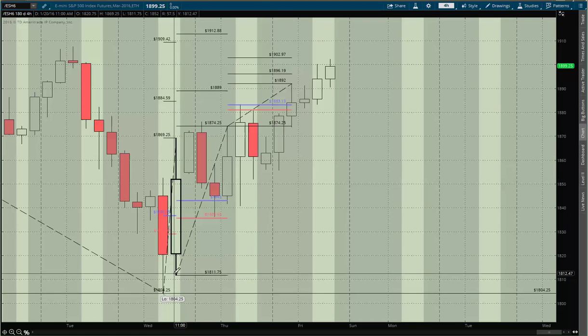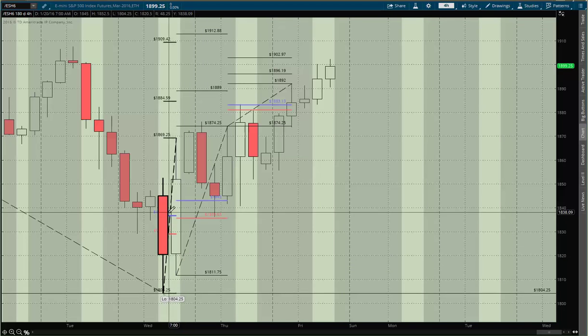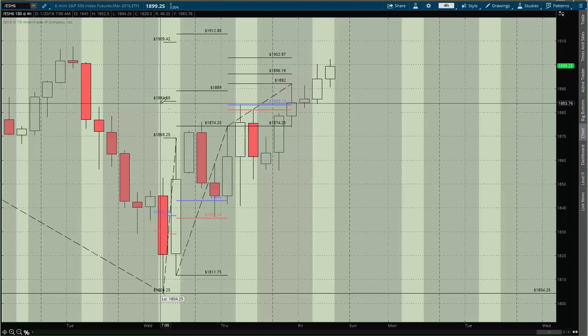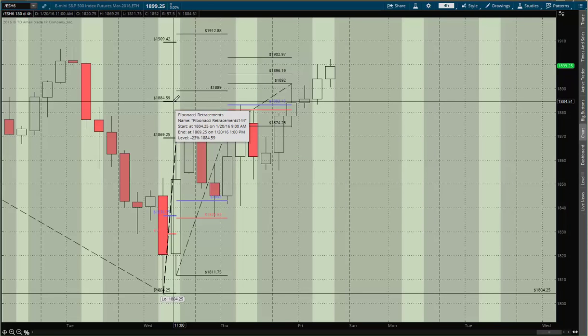So we have this original measured move, but now I'm looking for something that helped us finally get into this first target. So I'm not going to really consider this as what's controlling this move.